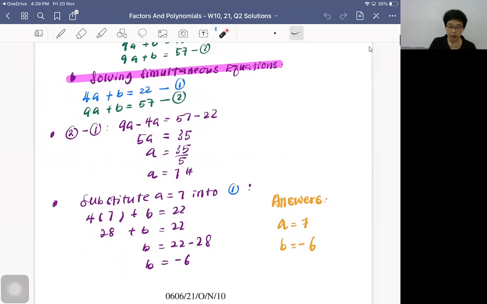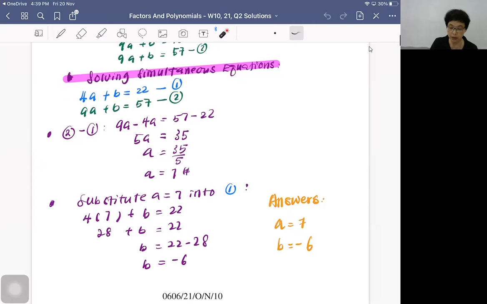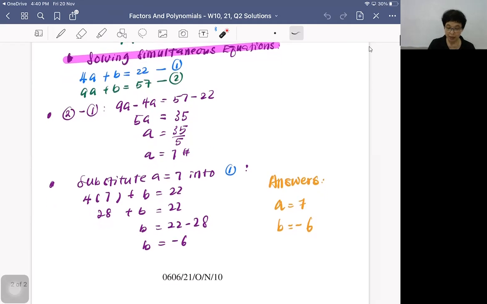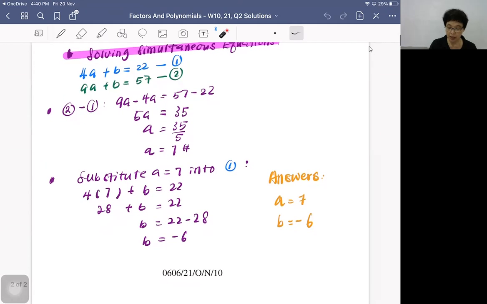Then we move on, substituting the a value into any one of the equations. Here I randomly pick equation 1. It doesn't matter which one because you're going to arrive at the same answer. Substituting, 4a plus b equals 22. Simplifying, minus 28 on both sides, b equals 22 minus 28, so b equals negative 6.